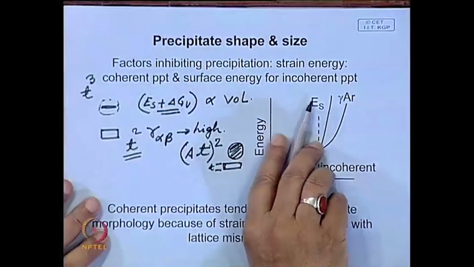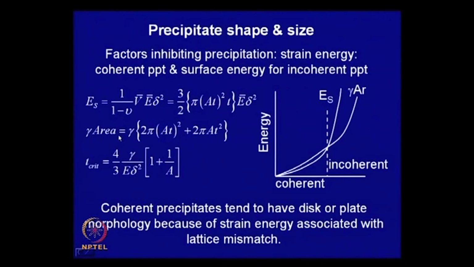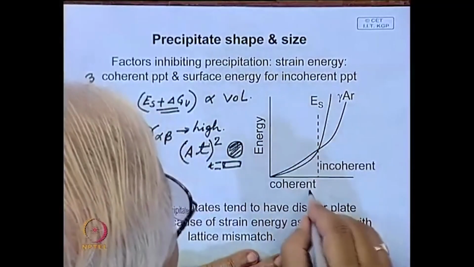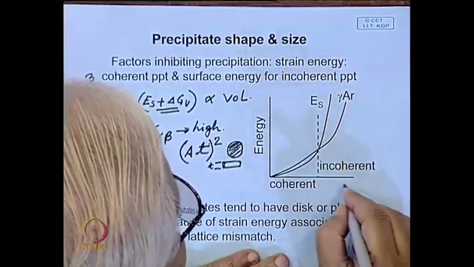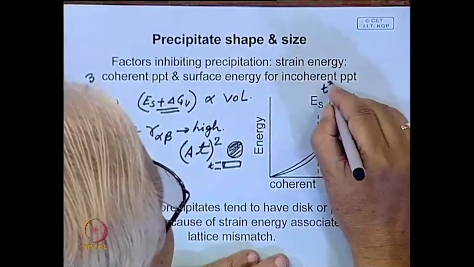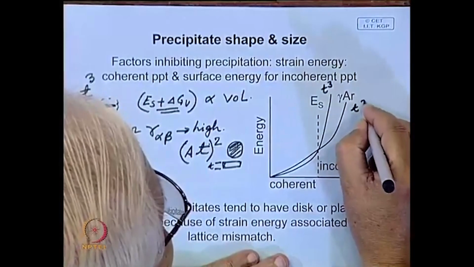If you can find that, then you get the surface energy, and if you equate the two, this gives the switchover. By equating the two, there is a critical thickness where both are equal. And what does this mean? Look over here, if you plot this energy against T, this varies as T cube, this varies as T square.